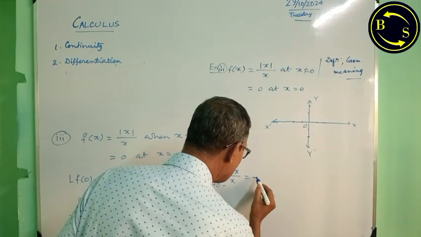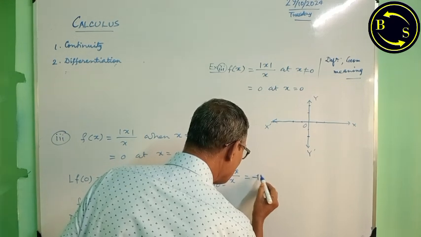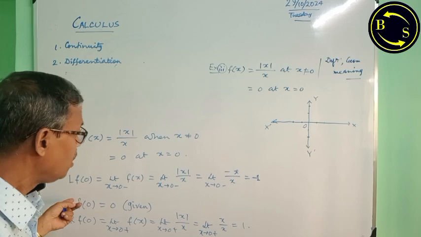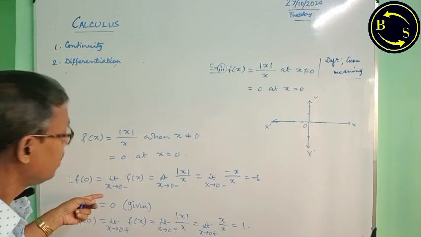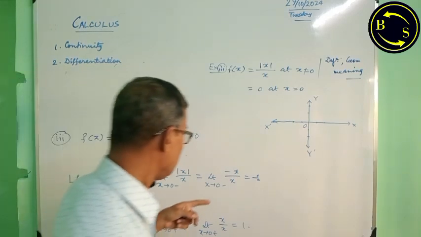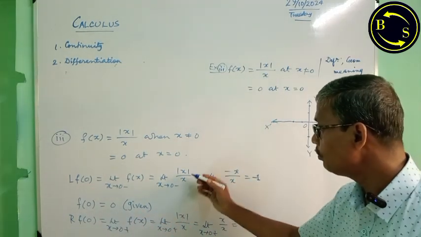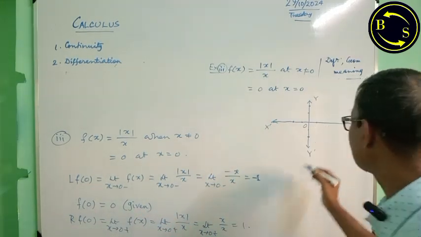Already we have calculated left hand limit LF0, limit x tends to 0 minus mod x by x, that is equal to minus 1.